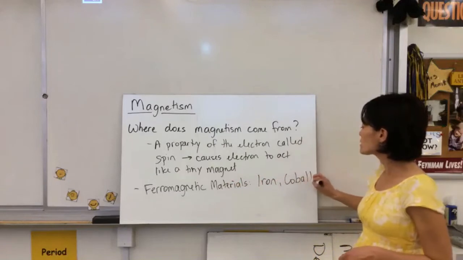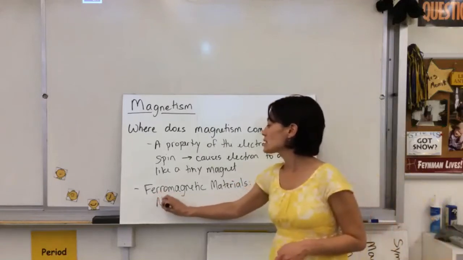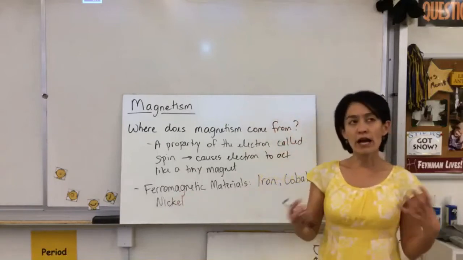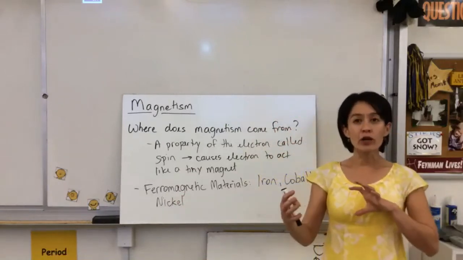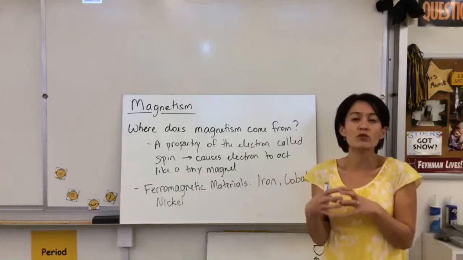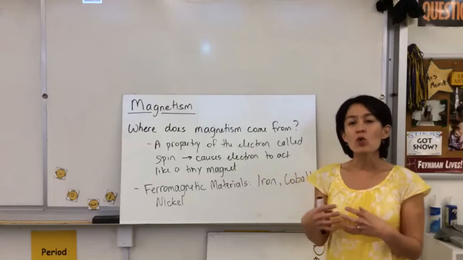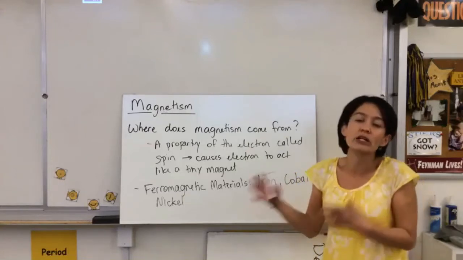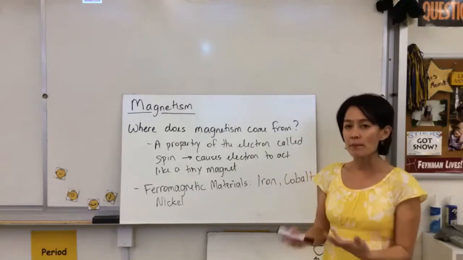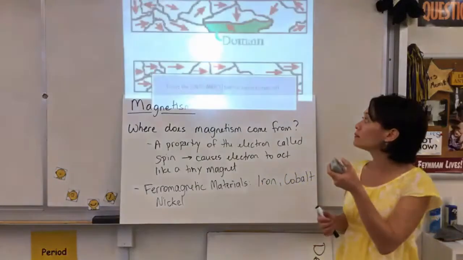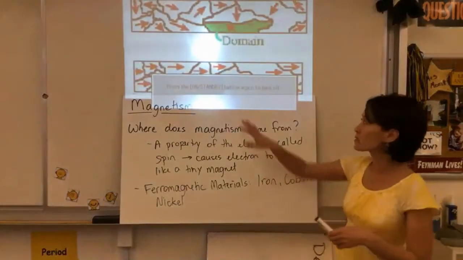And with these materials, what happens is in these particular atoms, when you have this metallic bonding of these atoms, you end up having these regions of atoms where the spins of all these unpaired electrons happen to be going in the same direction. So I'm going to show you a picture of that.